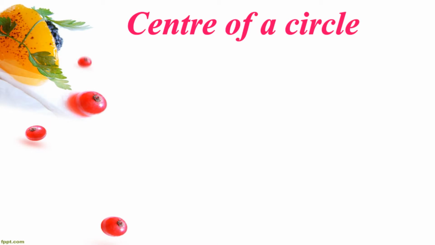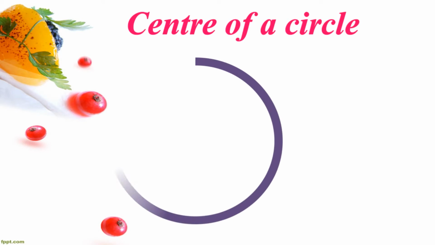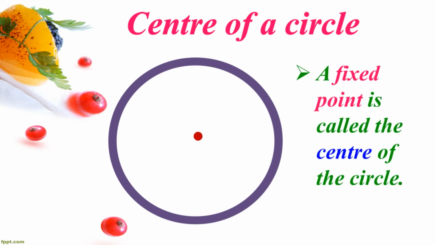So let's see the center of a circle. We already know a circle is the collection of all those points in a plane whose distance from a fixed point remains constant. So here the fixed point is called the center of the circle.